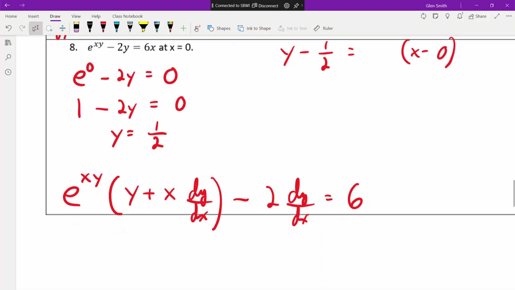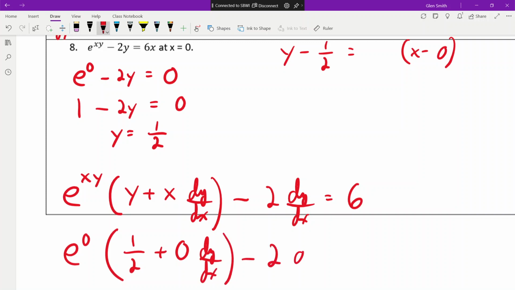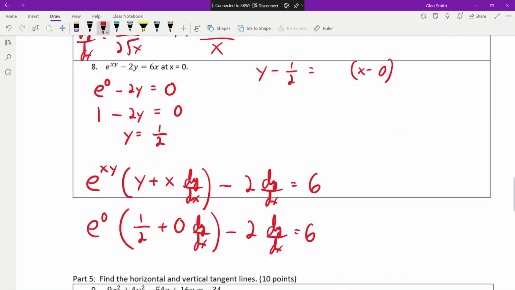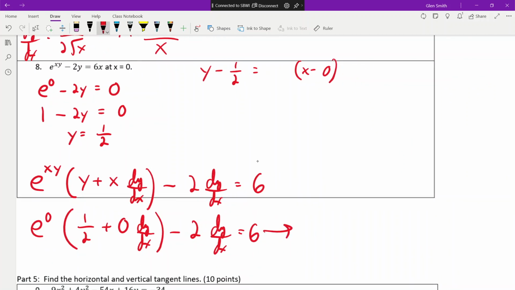How we doing? Guys, we could solve for dy dx here if we wanted to, but we could also just plug in the y and the x values that we know. I know x is 0. Look what that does. That gives me e to the 0, which is just 1. It gives me 1 times 1/2, what's y, plus 0 dy dx, that goes away, minus 2 dy dx equals 6.